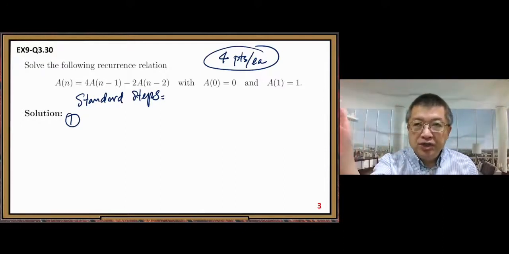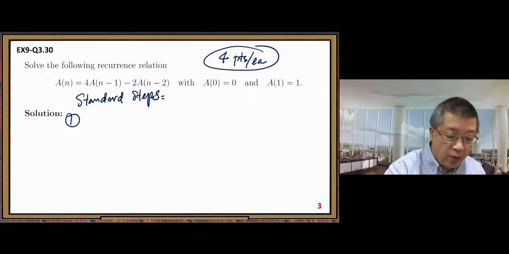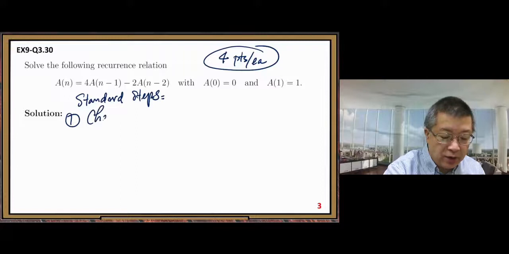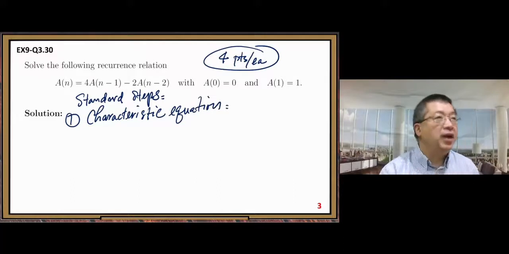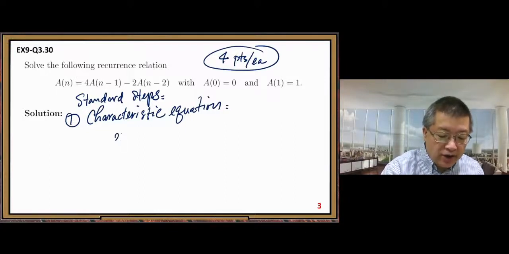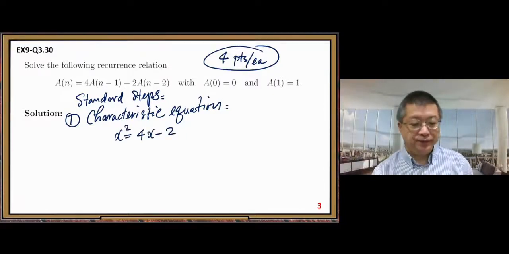linear homogeneous recurrence relation. The first step, we write the characteristic equation. Here it is a quadratic equation. X squared equals 4x minus 2 here.